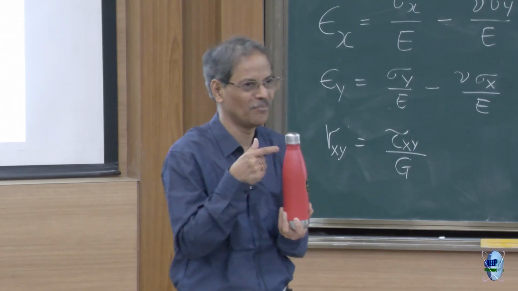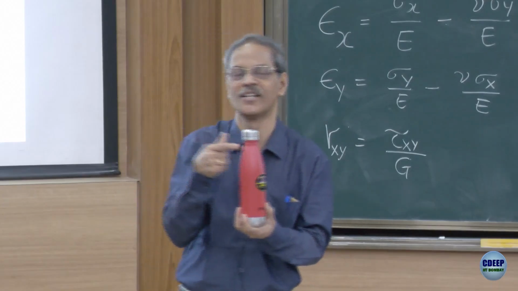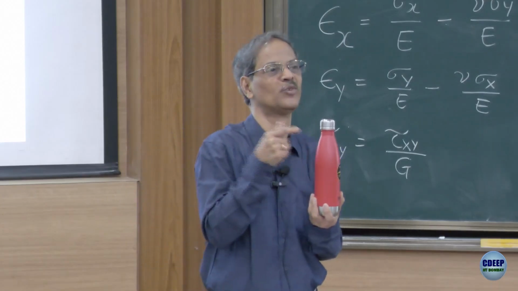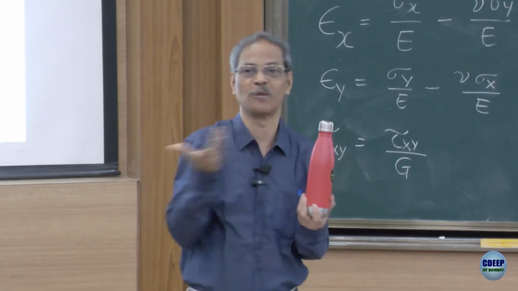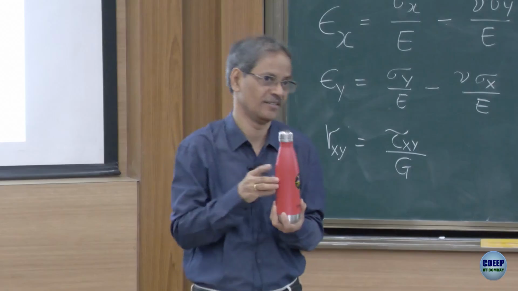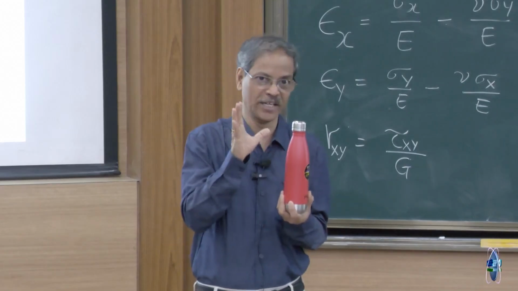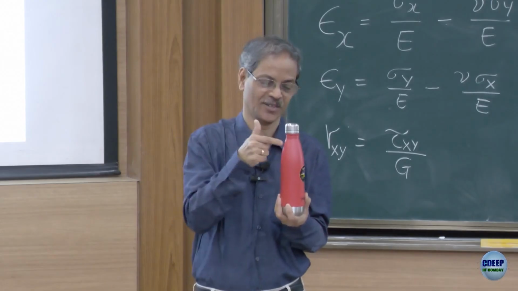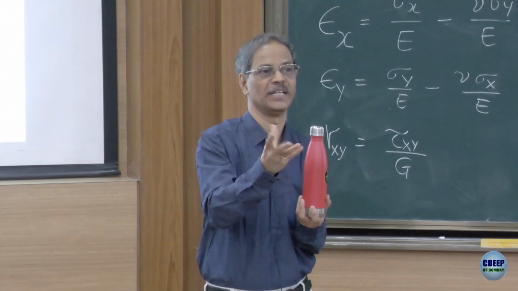Can I still make some assumptions about how the response will be and do a two-dimensional analysis, or no, I have to do a complete three-dimensional analysis only? Only the loading is not obliging you. It is not symmetric.